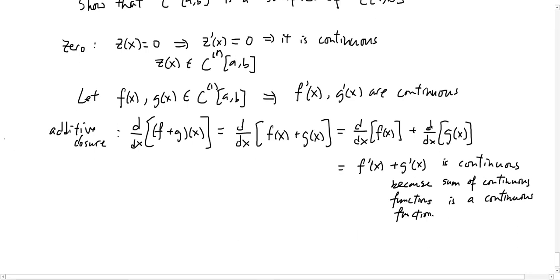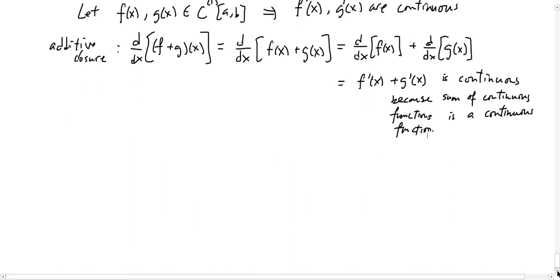So what does that mean? That would mean that I have to show, if I multiply either f or g by a scalar, the derivative is still continuous. So let's see.